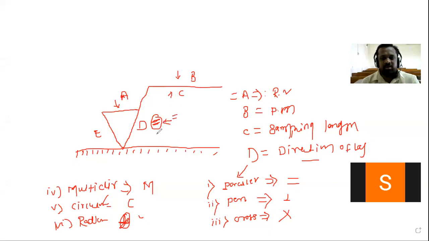Means whatever the pattern of that roughness, it will be parallel. If such a symbol is there, the pattern of that roughness will be perpendicular. And if M is there, you have to understand the pattern of that roughness will be multi-directional.